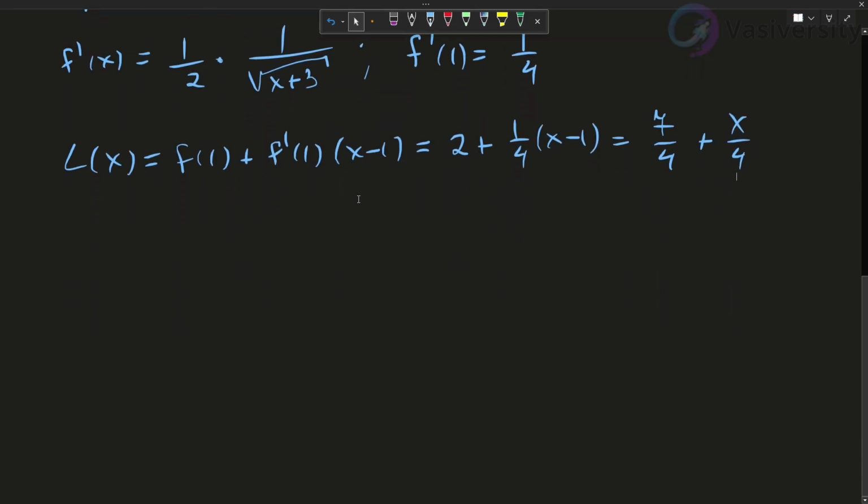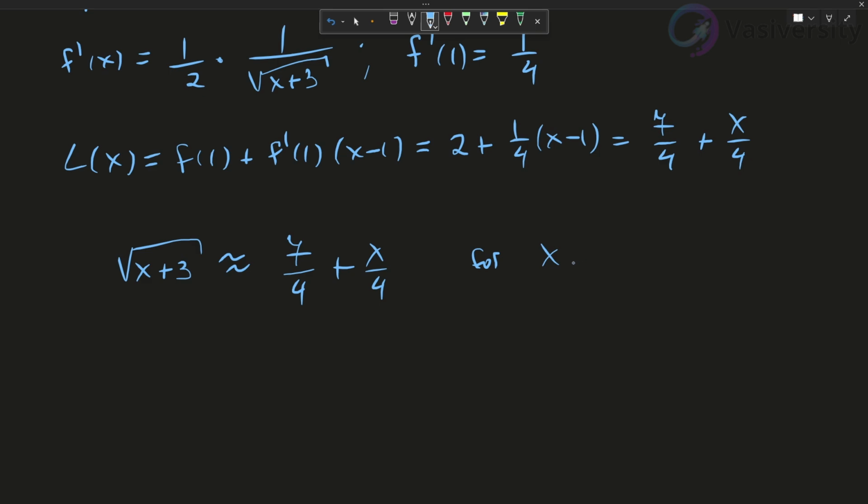So the corresponding linear approximation at the point a equal to 1, for square root of x plus 3, is approximately 7/4 plus x over 4 for x near 1.